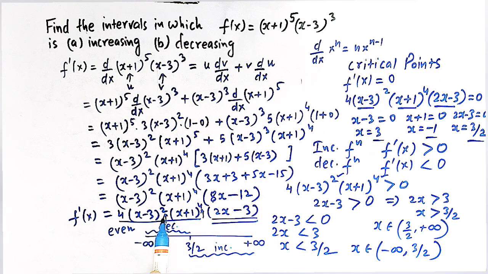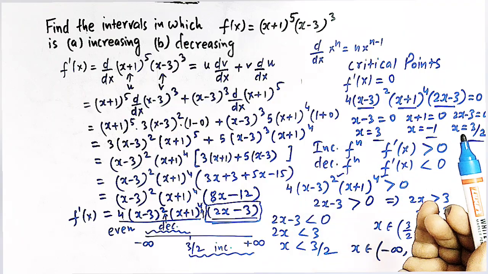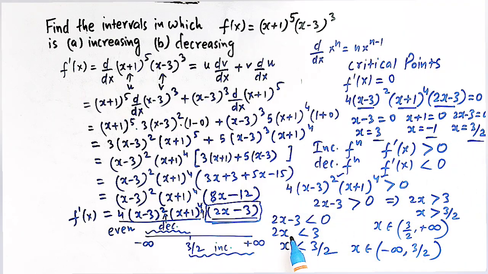And remember, here we have the factor 4(x - 3)^2 (x + 1)^4. So this factor is always going to be positive. So the sign of f'(x) depends only on this factor, that is 2x - 3. So when 2x - 3 is greater than 0, the function is increasing, and when 2x - 3 is less than 0, the function is decreasing.